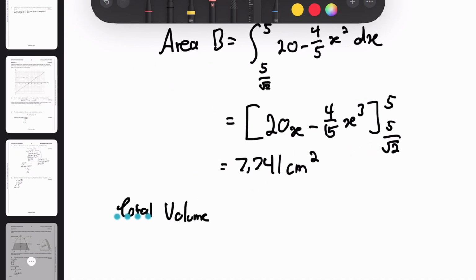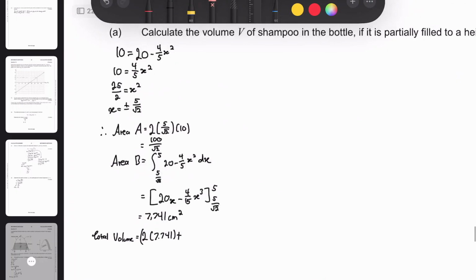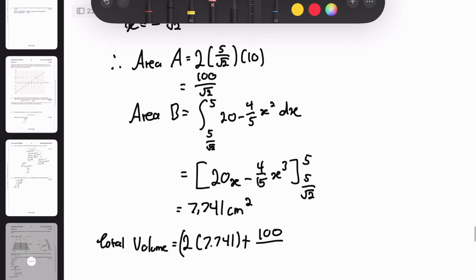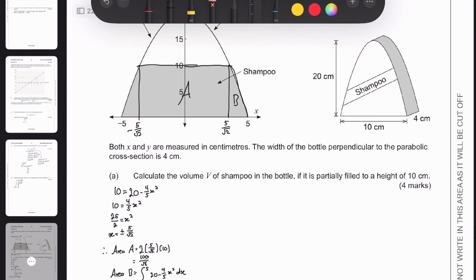So then total volume is going to be 2 of area B plus the area A, so 100 on square root of 2 times 4.